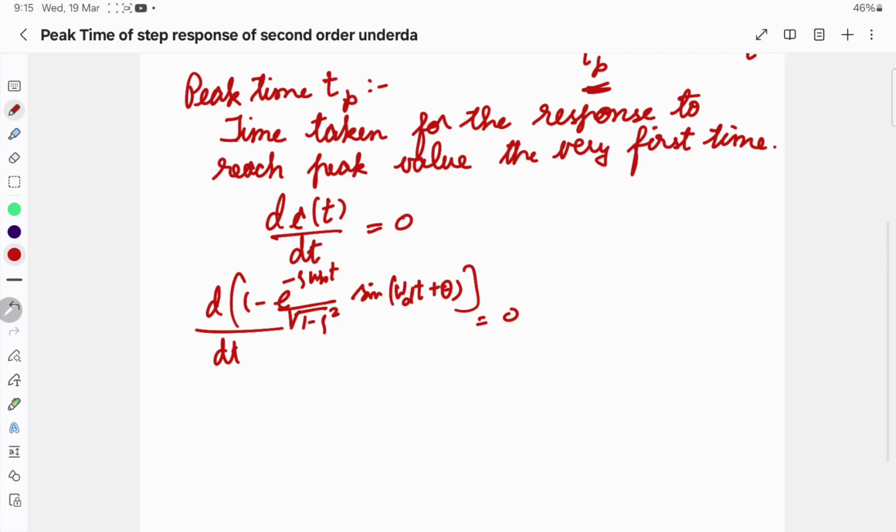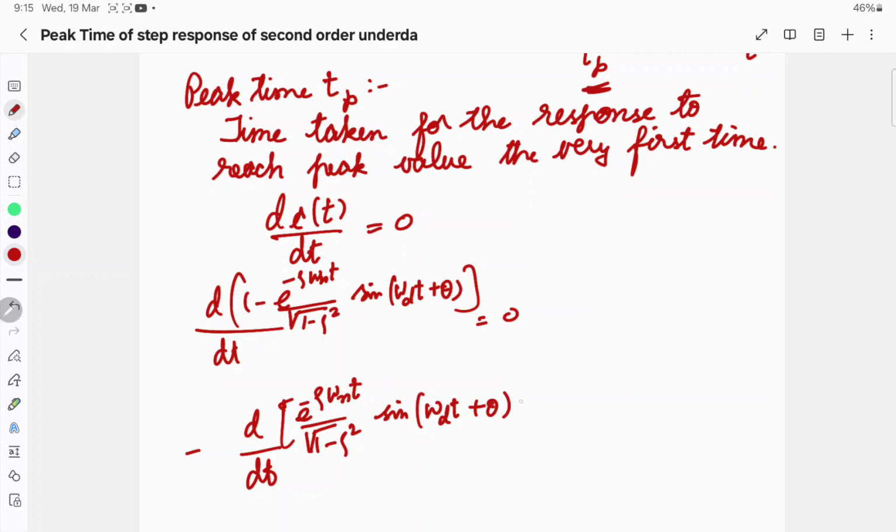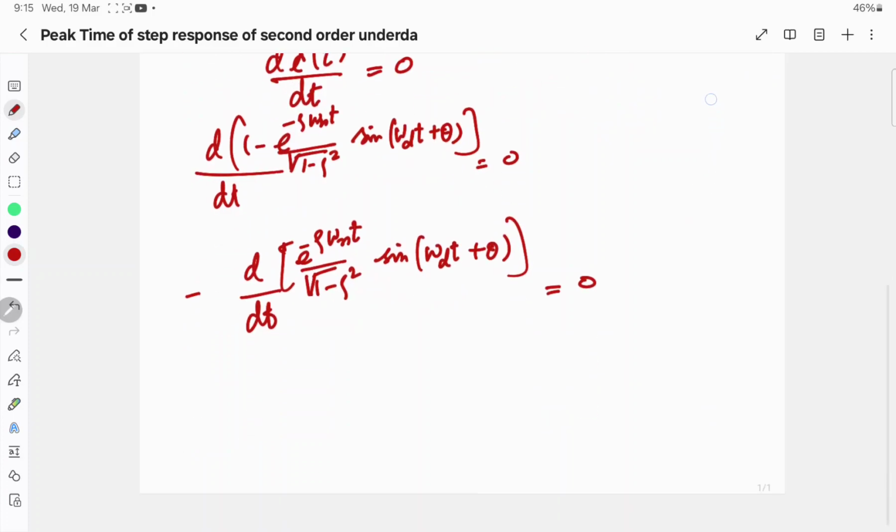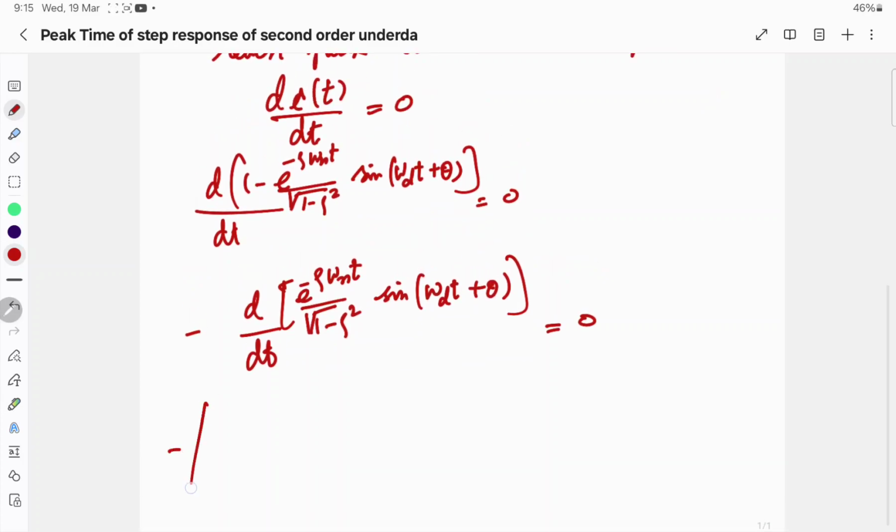Differentiation of 1 is 0, then take the minus outside and try to differentiate this. Equate it to 0. We will apply the uv formula for differentiation.